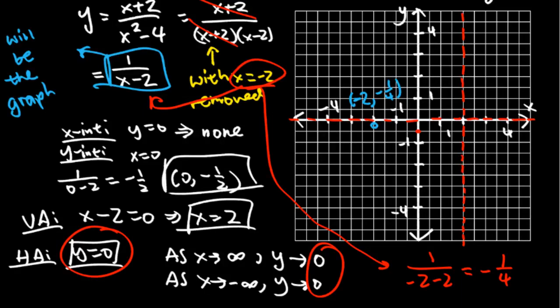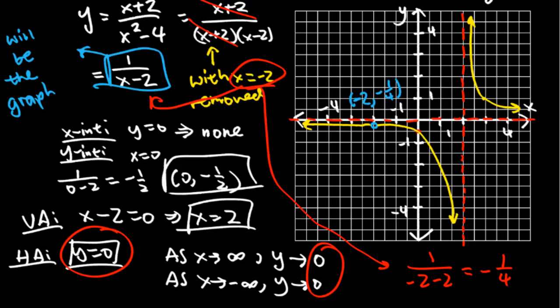Or yellow might show up a little bit better because of the contrast. Alright, so functions are going to go toward the asymptote. And if you want to get accuracy up here, you could. X equals 3 is going to give us 1 over 1. So then we would get this as our graph.